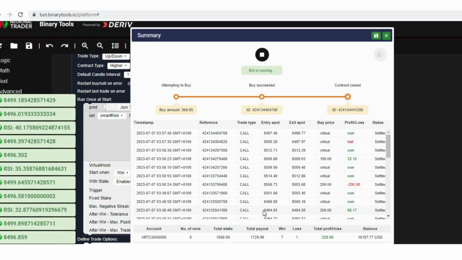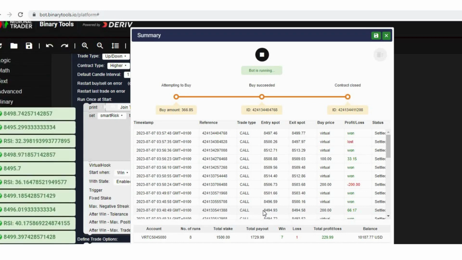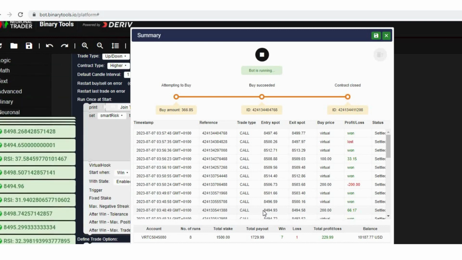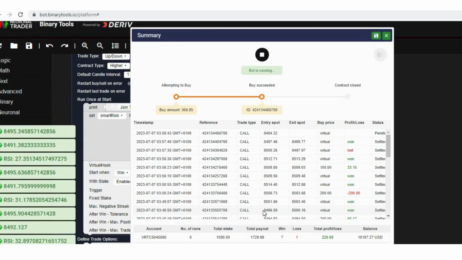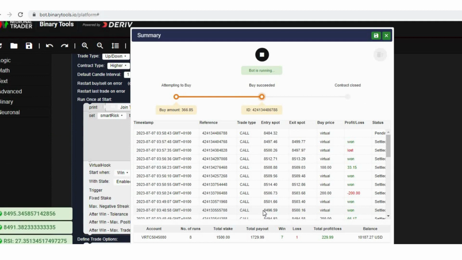In fact, we'd have been in profit by now, because we can see so far we're having 4 wins in a row, 5 wins, 6 wins in a row, and so on. The maximum losses in a row we've had so far has been just 3. Let's watch out and see.